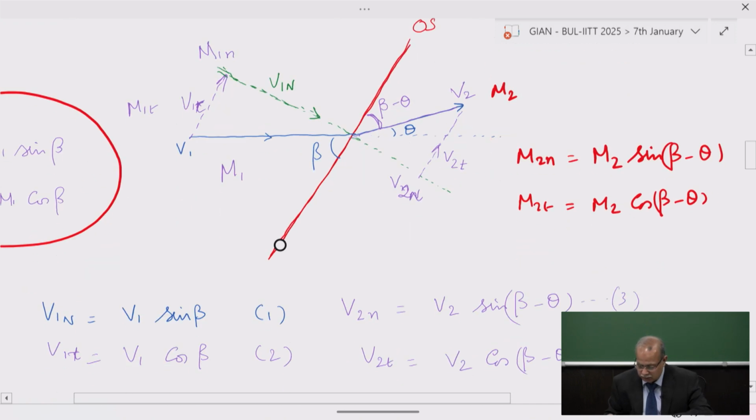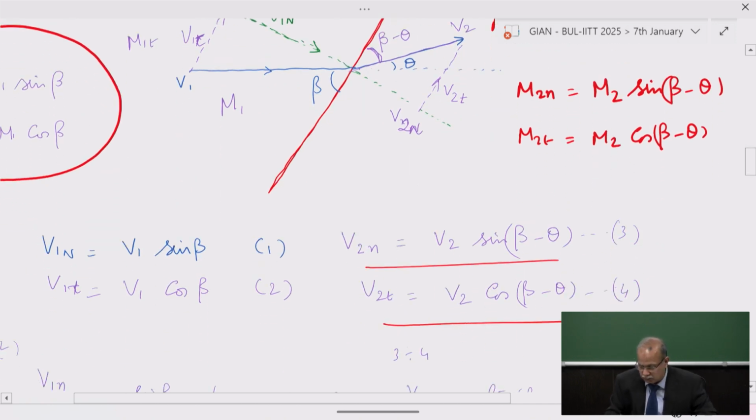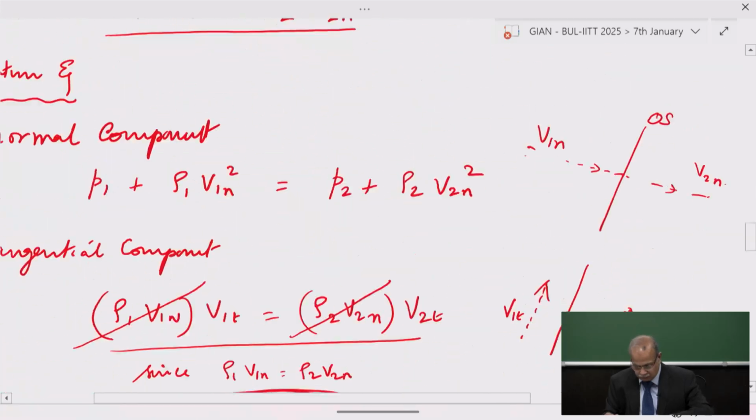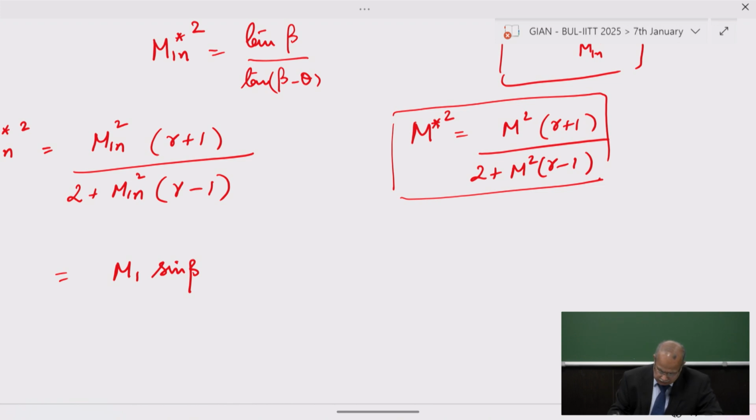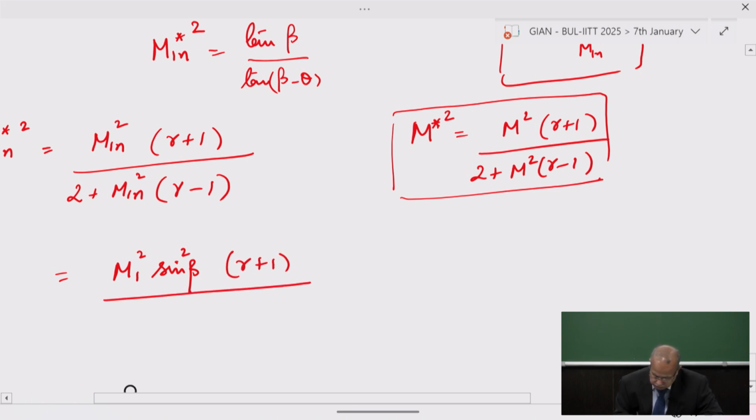The same argument as what we used for the V2 velocities here. So this equation will be M1n star square equals M1 square sine square beta into gamma plus 1 divided by 2 plus M1 square sine square beta into gamma minus 1.